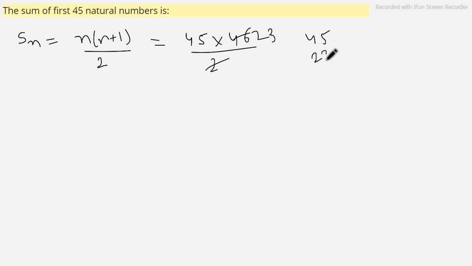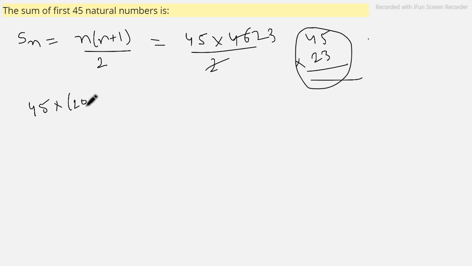So here, to simplify this multiplication, what we can do is we can write this as 45 into 20 plus 3, right? And now this will become 45 into 20 plus 45 into 3.